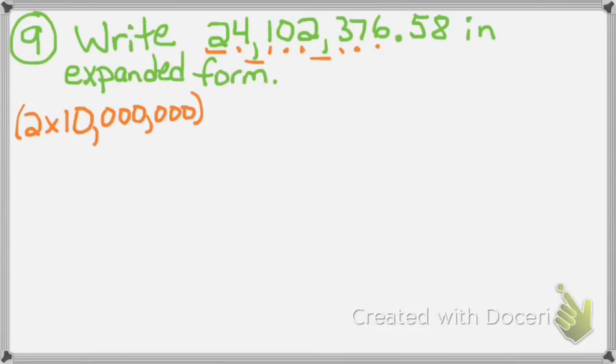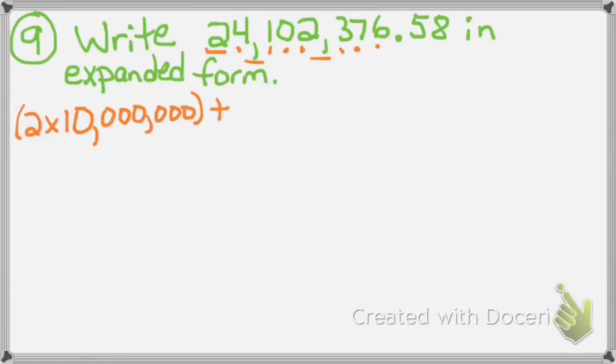In expanded form, I don't need to put anything for my decimal column until I get to that decimal column. So the 24 is in the 10 millions column, so I have 24 times 10 million. Okay, I'm done with the 24, and let's move on to the next digit.